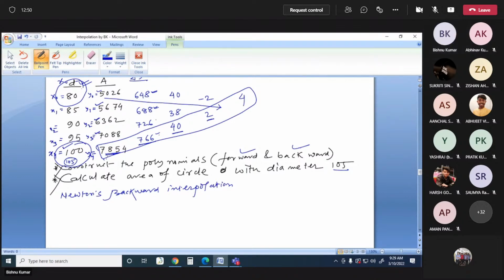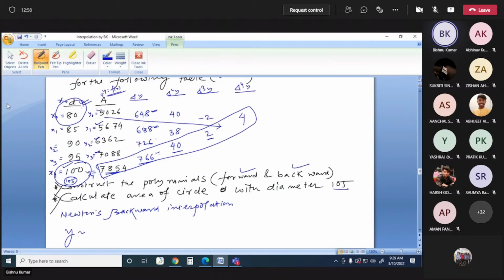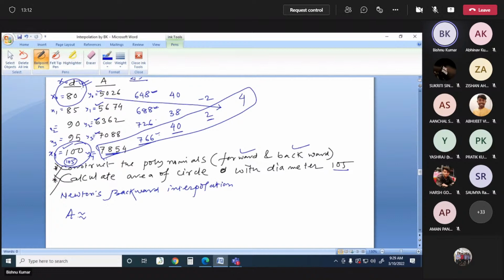Okay, so tell me your polynomial: y approximately, y as a function of x by the backward interpolation polynomial. The last value yn is 7854, plus u into grade yn, 766.